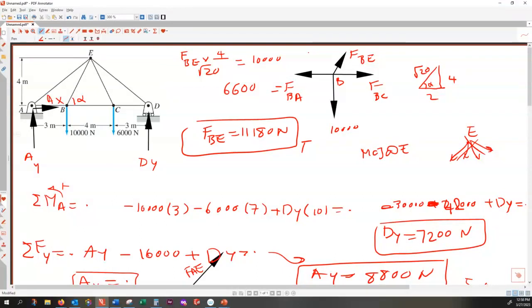Okay. Now we can easily write equilibrium of forces in x direction to find out the magnitude of FBC.